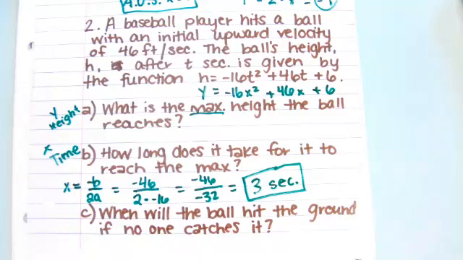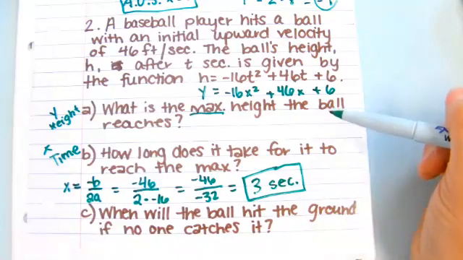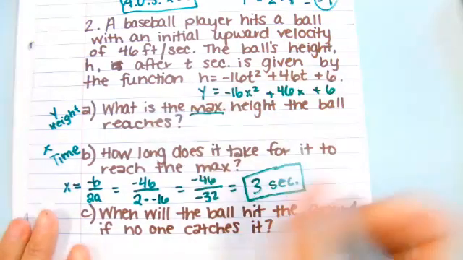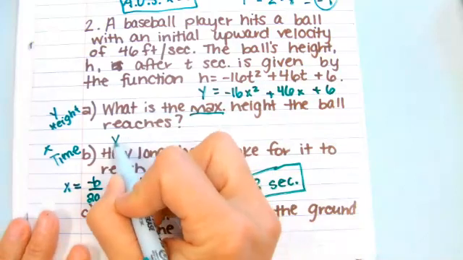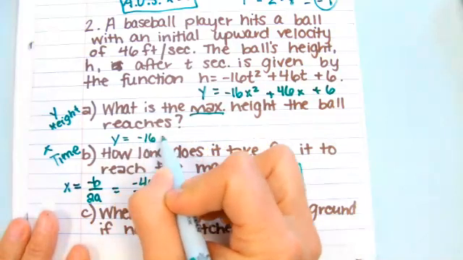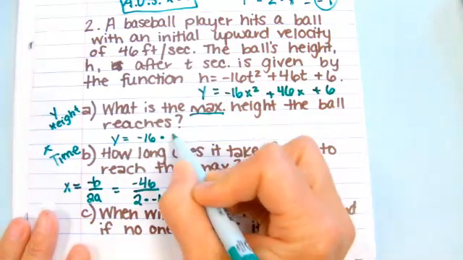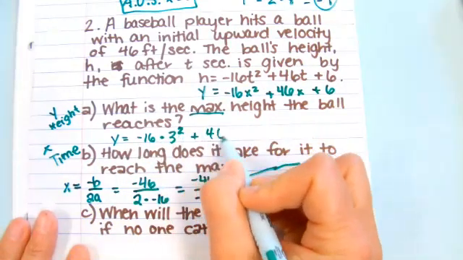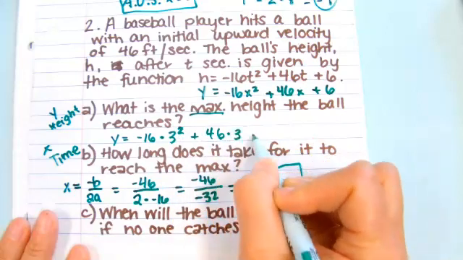It takes 3 seconds for that ball to get hit and reach its maximum. Okay? How high did it get? So we're going to back the train up now and answer A. How do I do that? Putting in 3 for x. Okay, so I'm going to rewrite this. Y equals negative 16 times 3 squared plus 46 times 3 plus 6.